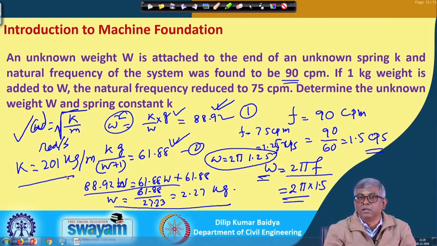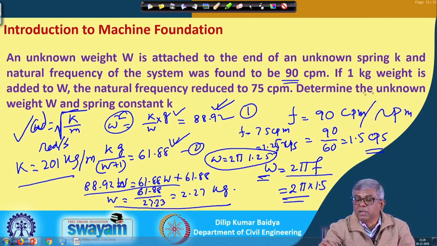I have not done anything other than natural frequency equal to under root K by M. You have to keep in mind that the natural frequency under root K by M is expressed in radians per second. That has to be remembered, and when it is expressed in cycles per minute, CPM, or revolutions per minute, RPM, it first has to be converted to cycles per second.